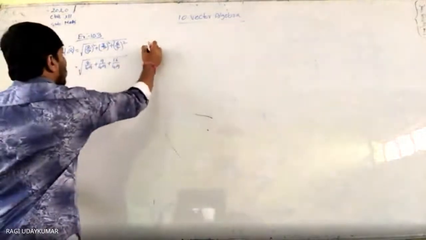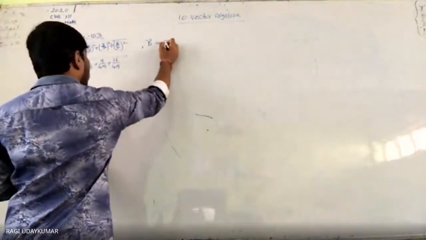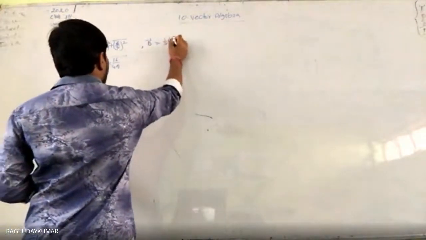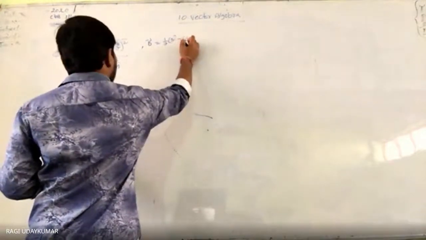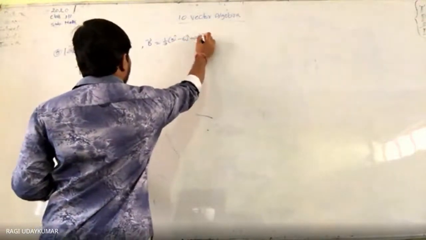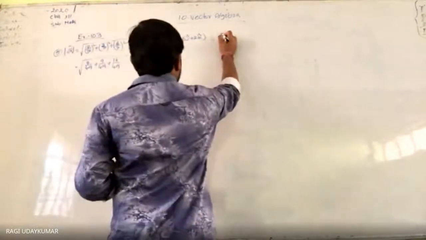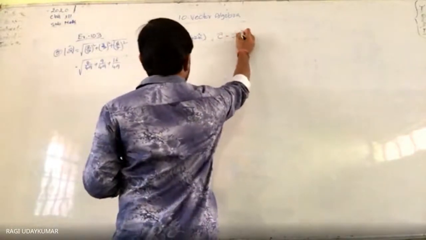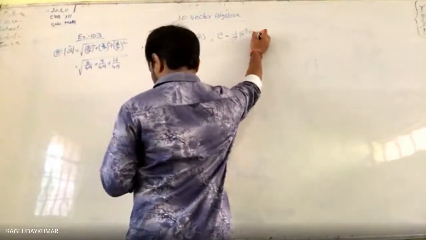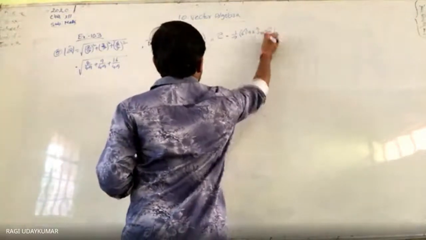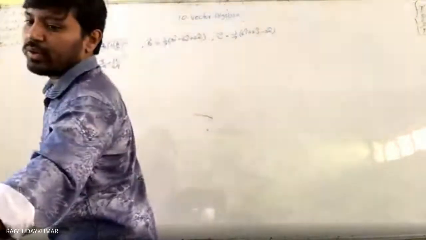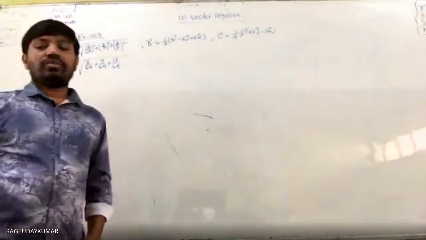The question has 6, not 4. The A vector is given as 1 by 7 into 2i plus 3j plus 6k. Next, B vector is given as 3, minus 6, 2. So first let us write the given vectors here. B vector is given as 1 by 7 into 3i minus 6j plus 2k. And the C vector is given as 1 by 7, 6i plus 2j minus 3k. So like this the vectors are given to you. These are the vectors here.